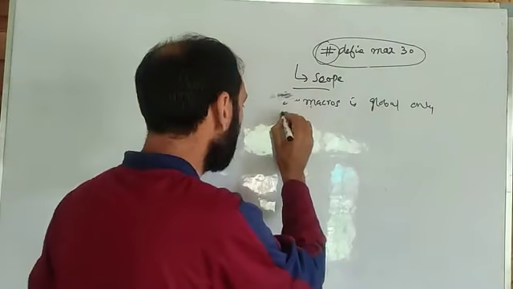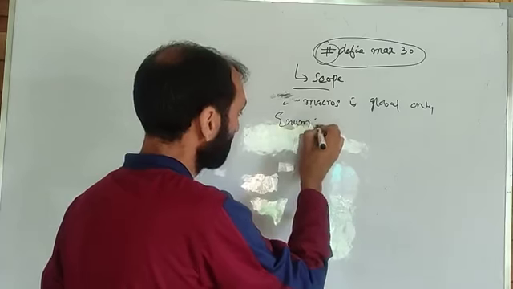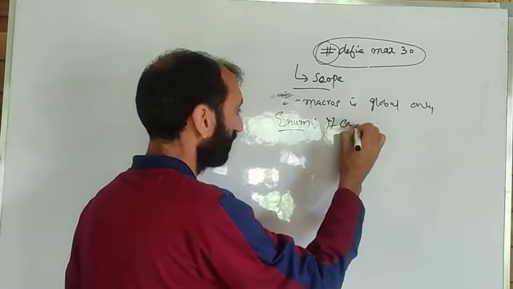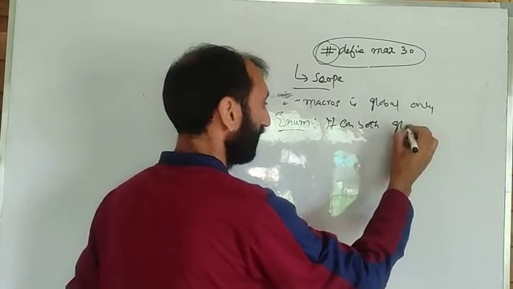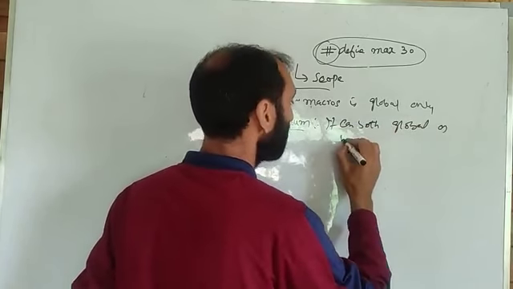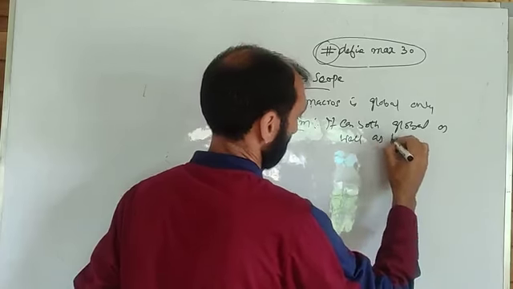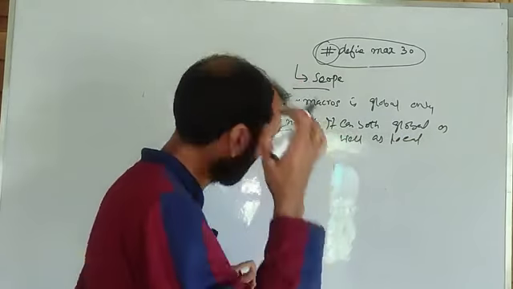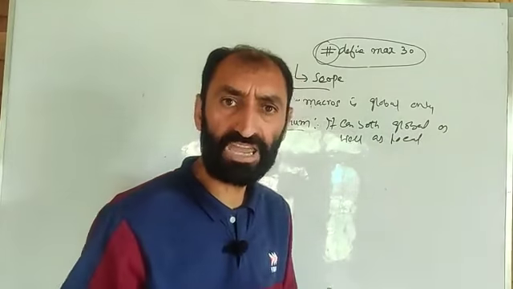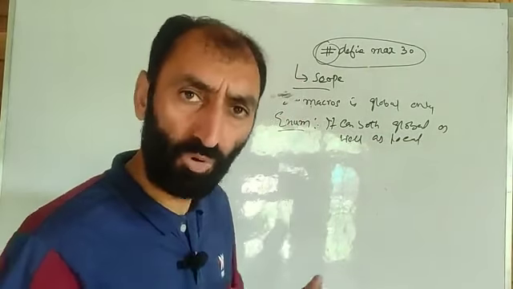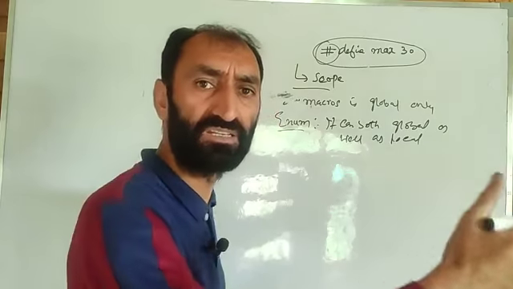Whereas the scope of enum can be both global as well as local.